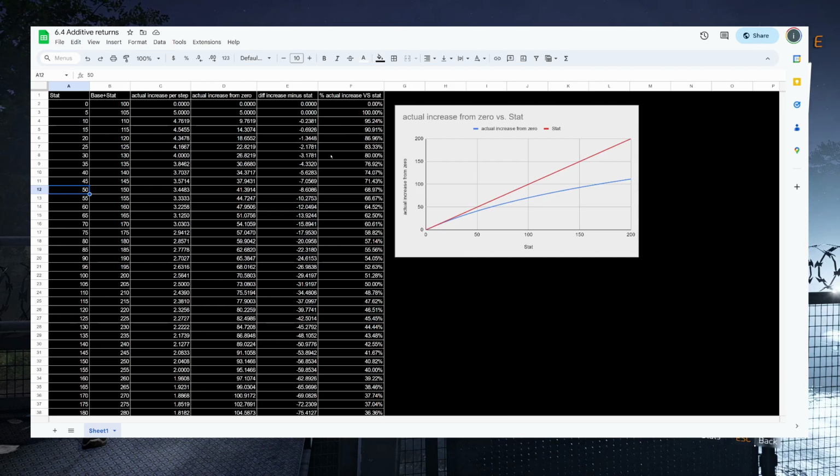Returns to scale within that system, if you were to overlap these two, would overlap with the actual increase versus stat, as I have it as the last stat. So what is the actual percentual increase? But just because they overlap does not mean that they have anything to do with each other, because one is for an economic system, the other we're just talking about a mathematical system. The mathematical system does not have the variability of economics in it.